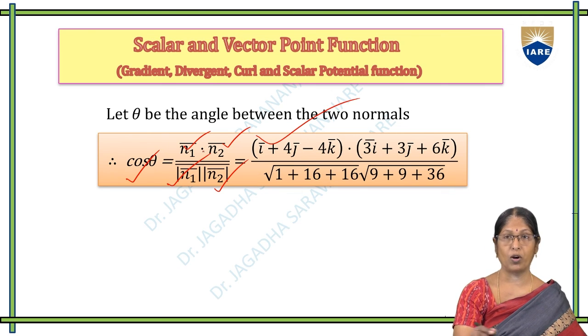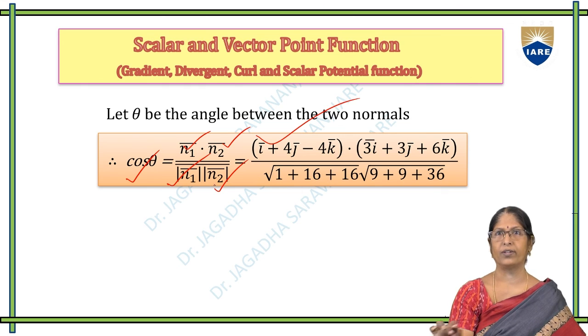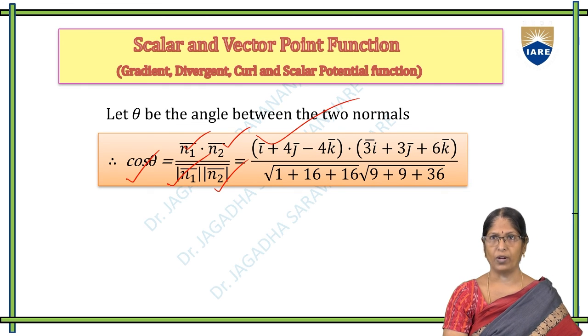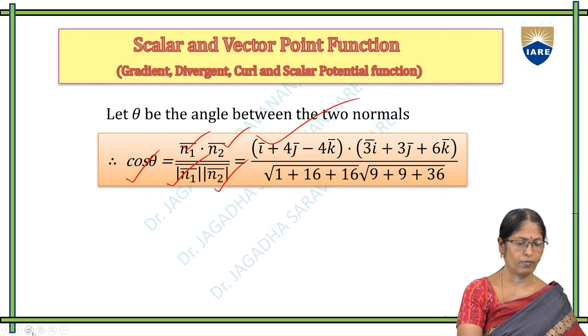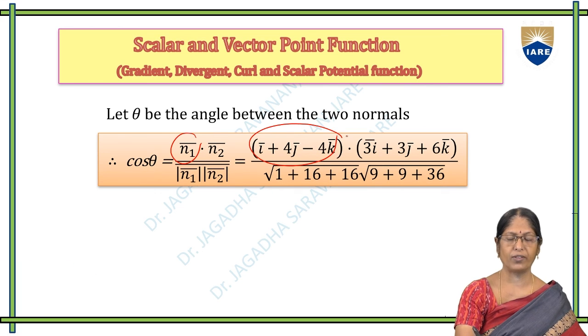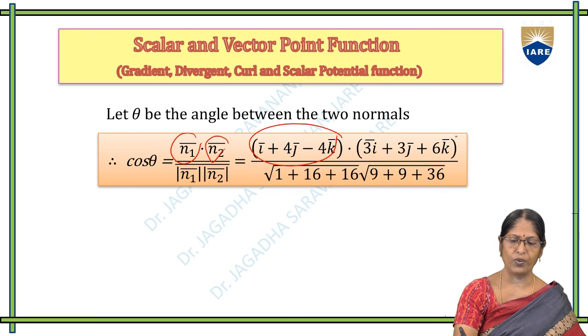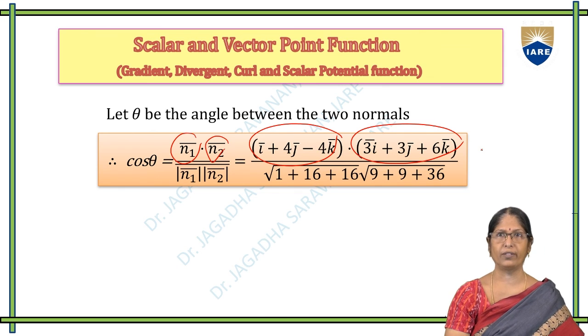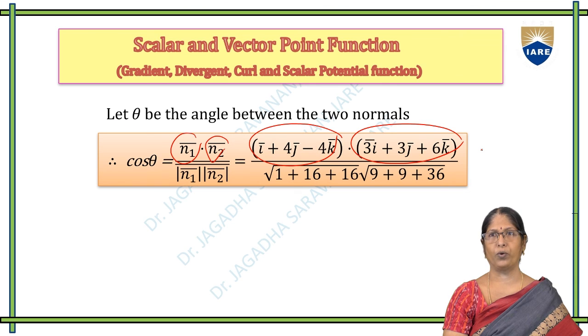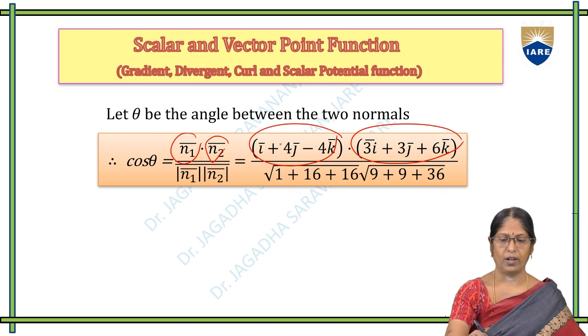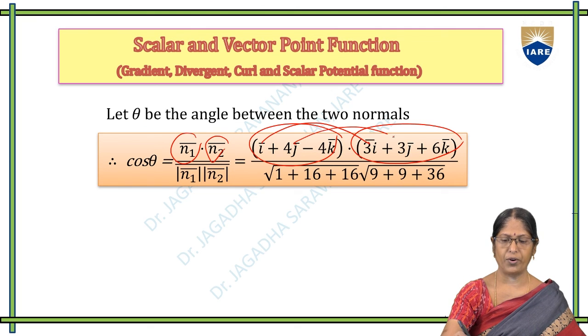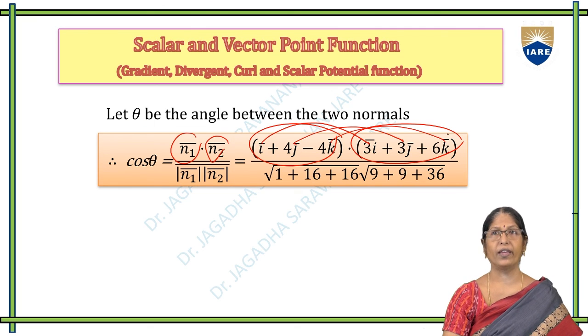The upper one is the dot product, the lower one is just a product. Now we have replaced n1 completely, and n2 also in the particular place. The dot product we are going to do now. We know i dot i, j dot j, k dot k exist.